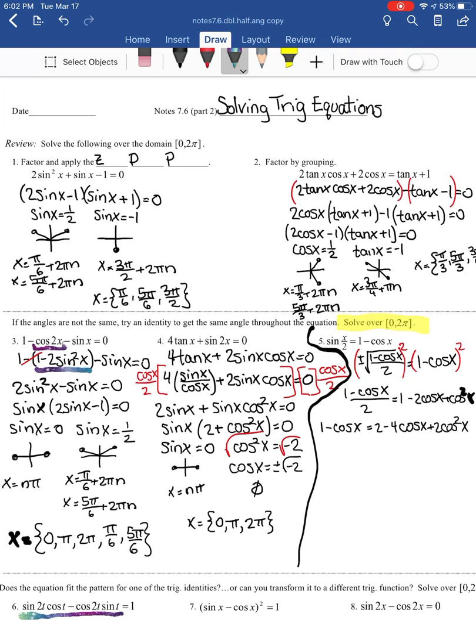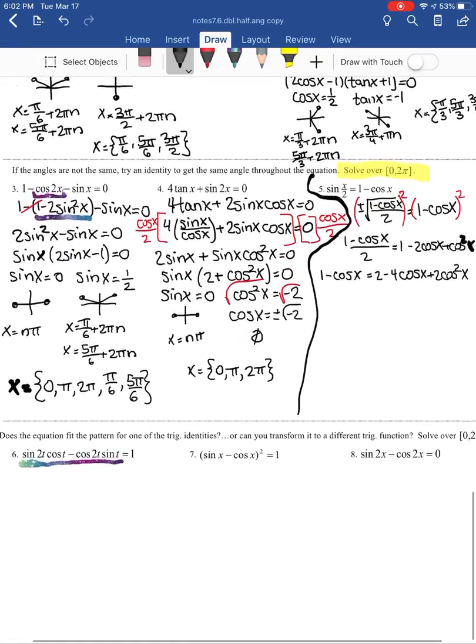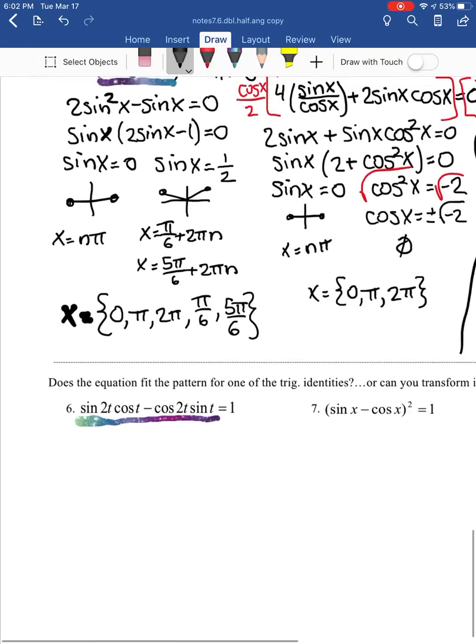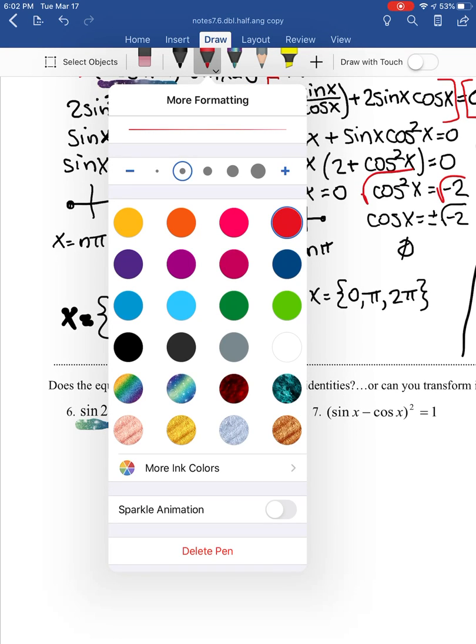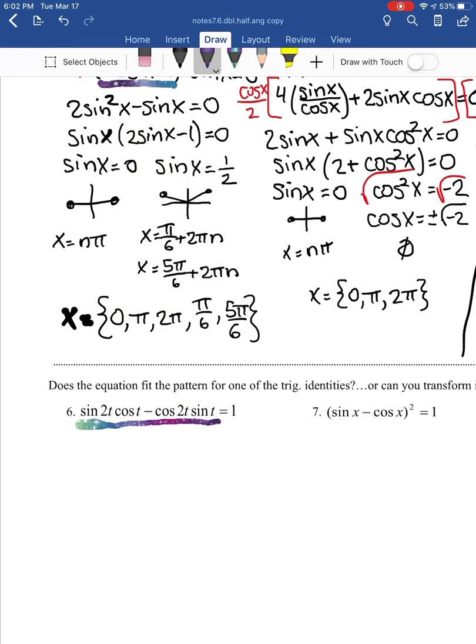So the easier way to do this one is to identify that that is a, see if I can write it. Let's do a pretty color. This is going to be my difference identity for sine.